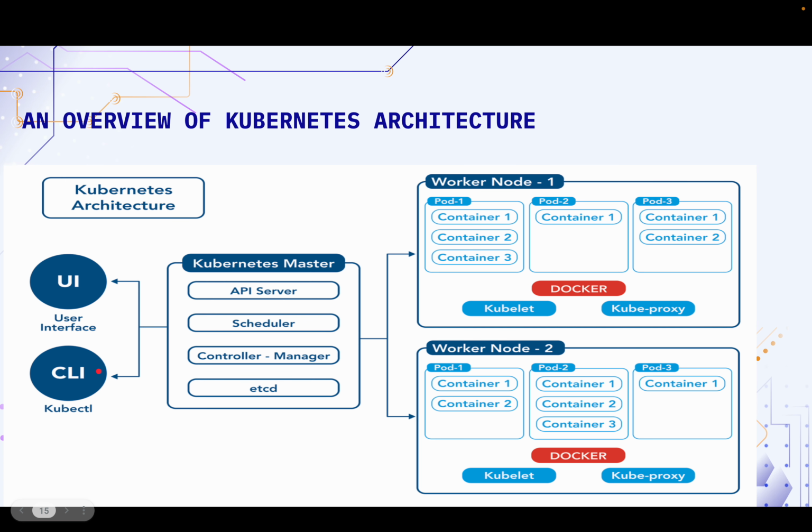Let's go back to this image. Whenever a pod is created, an IP is assigned to this pod. Whenever things go wrong, the pod can die, and when a pod dies, it's automatically going to create another pod, and a new IP is going to be assigned to it. That is the basic idea.